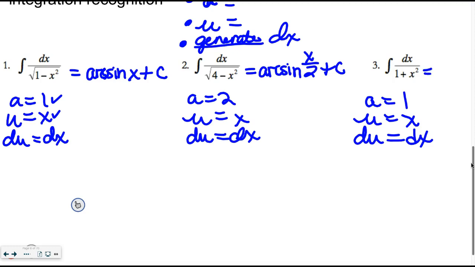This is what I would call naked arctan. It's 1 over a, which is just 1 over 1. But had this been a 25, it'd be 1 over 5. But this is a naked one. It's 1 over a, 1 over 1, arctan u over a. So this is just arctan x in its most naked form plus C. Okay, so these three were really easy.